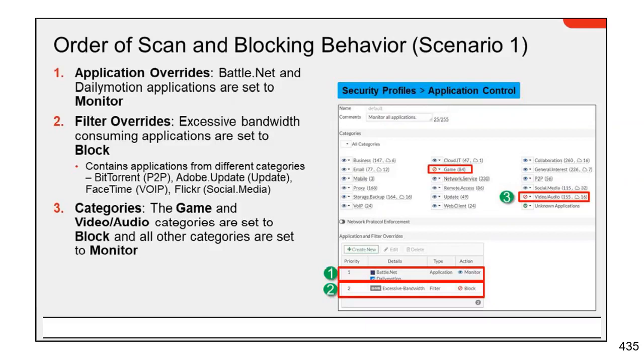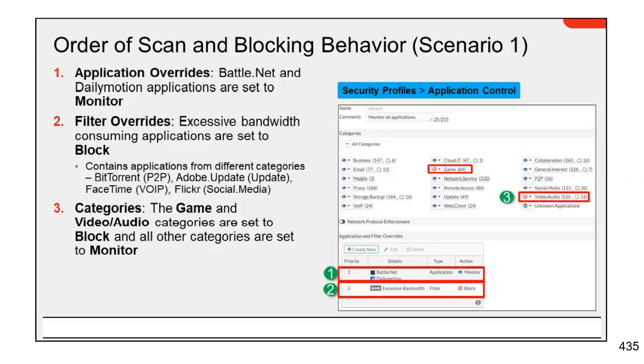Coming back, order of scan and blocking behavior. Scenario 1, what does it mean? In the example, the profile shown is an application control profile that blocks the game and the video and audio categories. You can see that the game category is blocked, with 84 signatures, and audio and video, with 155 signatures including 16 cloud-based signatures.